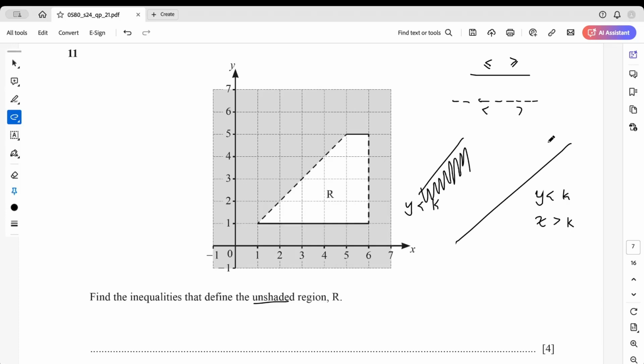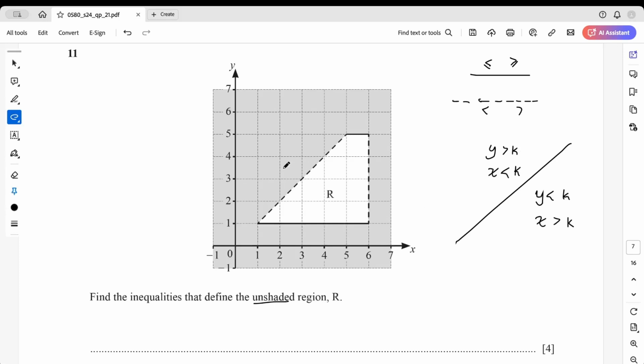If x is more than something, it lies to the right. Conversely, the top can be used to represent y is more than k, or x is less than k. Y more than k means, if you imagine a horizontal line, anything that lies above this line or to the left of this line is bounded by these inequalities.